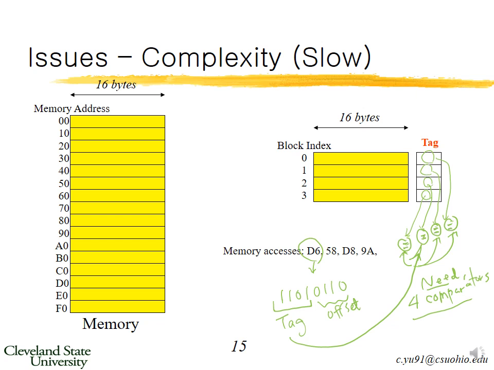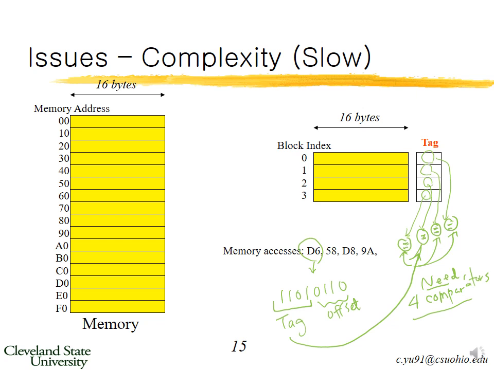So the tag value 1101 is going to be compared to all the tag values in the cache. Since that particular memory block, D0 to DF, can be placed in any one of those 4 blocks in the cache, you need to compare with all of them. Which means that you need 4 comparators, which means that this is more expensive.